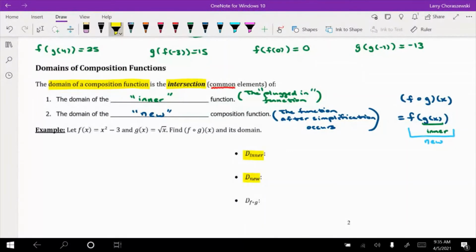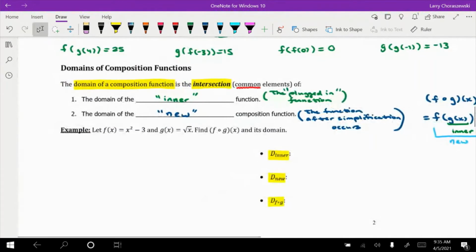D new represents the domain of the simplified version of the composition. And then D F circle G, this is where our official answer for domain is going to be. And D F circle G refers to the intersection of both the D inner and the D new. So just giving you a little bit of foreshadowing here.